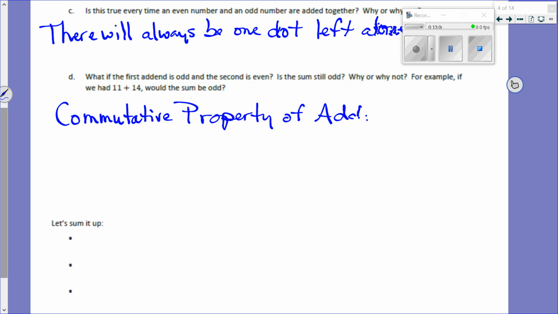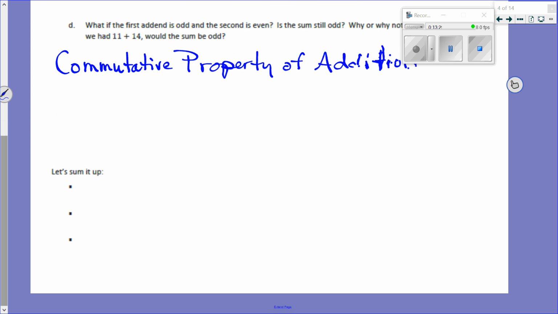Basically, all that says is it doesn't matter what order I do the operation in with addition, I'm going to get the same result. So 11 plus 14 is the same as 14 plus 11. But it is actually really important, guys, that we add that of addition. We do not have a commutative property of subtraction, do we? No. So let's sum up what we just learned in our little experiment here.